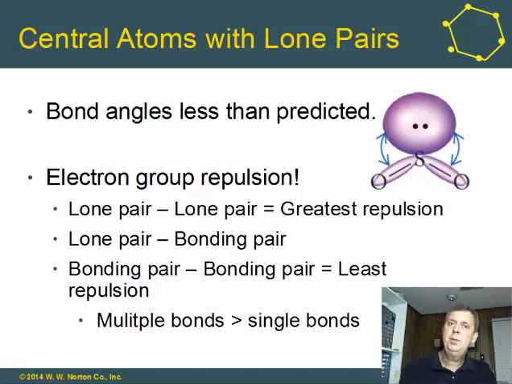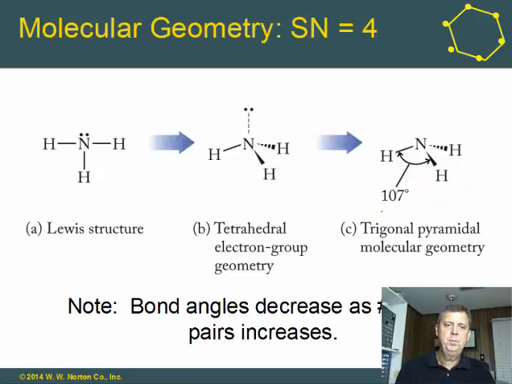Unless they're exactly symmetric, then you'll have some deviations from these angles. Lone pairs have more repulsive effect. Bonding pairs have less. Multiple bonds have more repulsive effect than single bonds. So triple more than double more than single. So it's pretty straightforward. And this is showing another example.